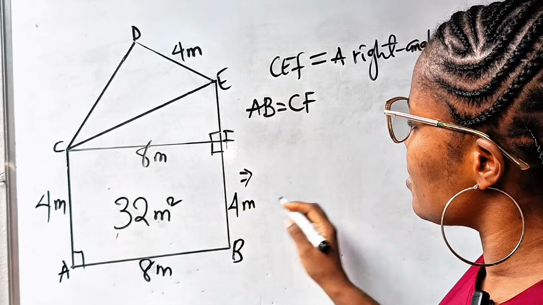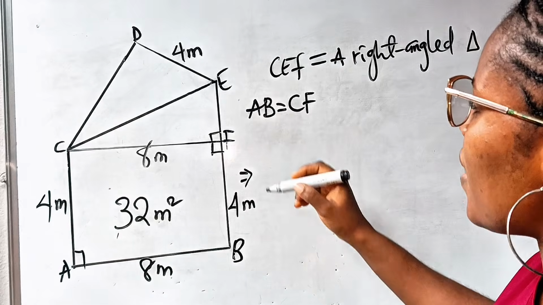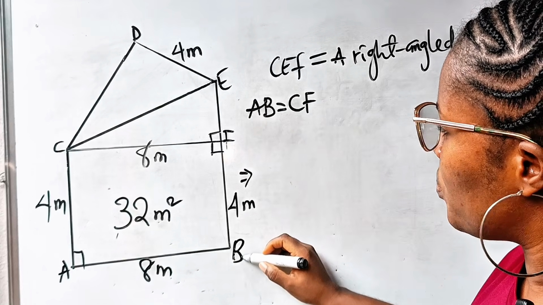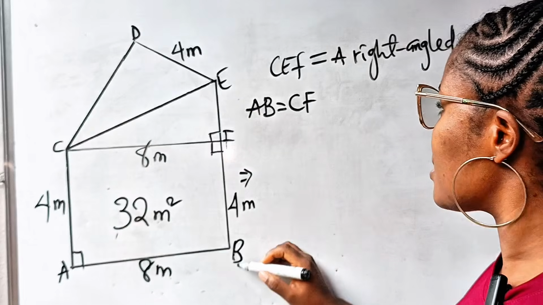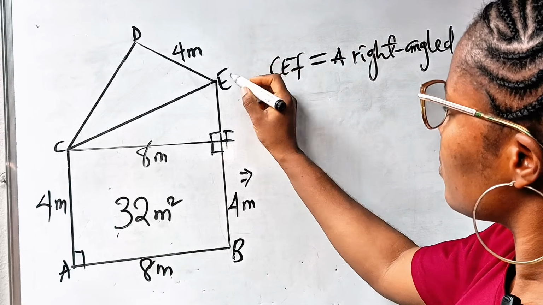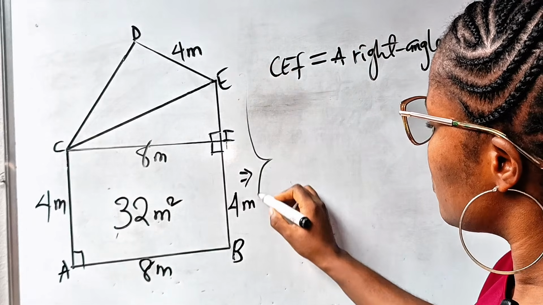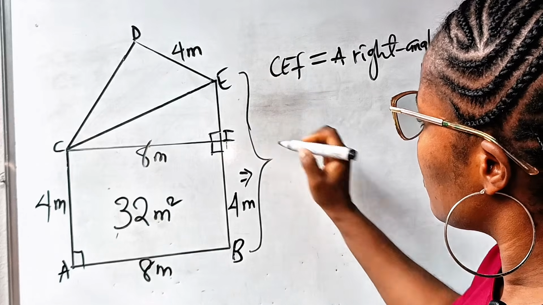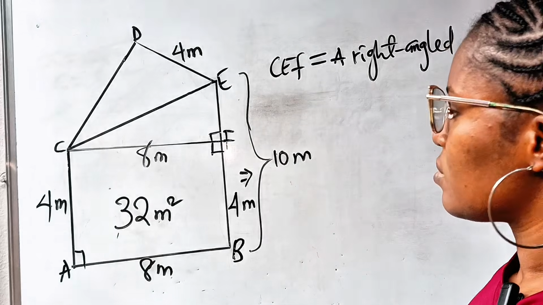I think something is missing. The fact that E to B is 10 meters, that is from here to here is 10 meters.